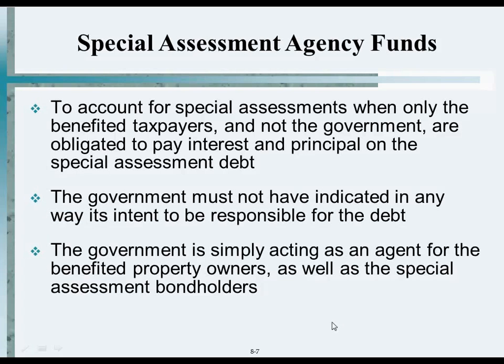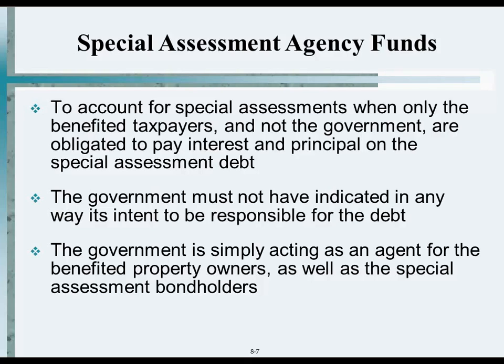So let's take a look at special assessment agency funds. As I said, it's no more than what I just told you. A group of property owners benefit from some construction project, and then they pay the government for it. And if you ever come across a question, and I ask you this question, where should special assessment debt service be accounted for, an agency fund or debt service fund?